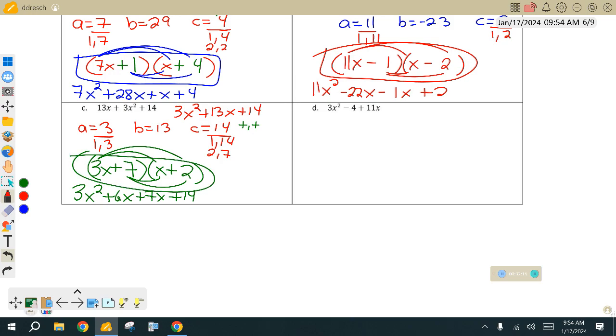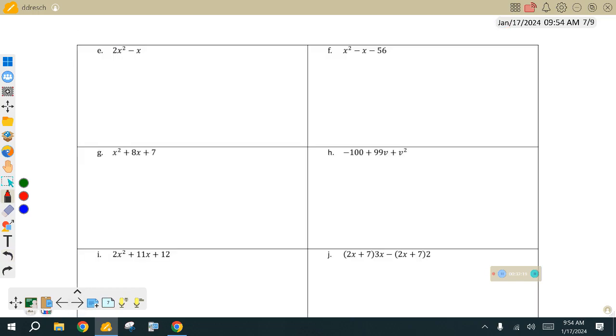Okay. All right, let's flip. Let's do, say, one more here. Let's take a look at letter E. What do you notice slightly different on letter E? There's no what? There's no C, is there? A is what? 2. B is what?